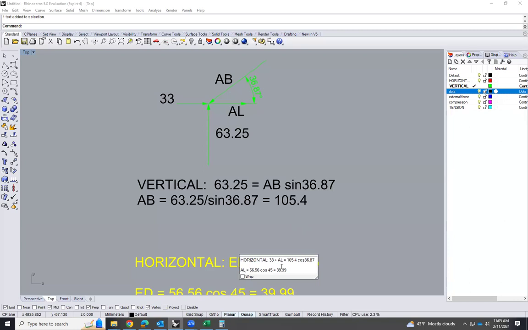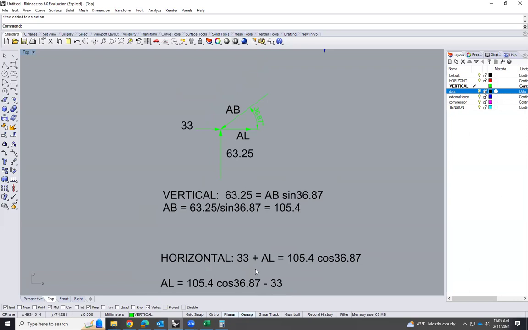So AL equals 105.4 cosine 36.87, and this 33 positive here goes to the other side as a negative number, minus 33.